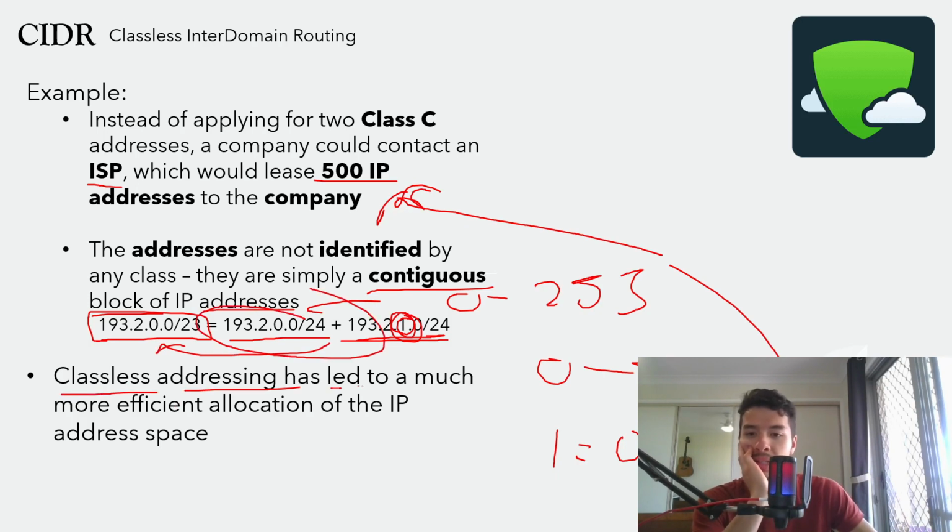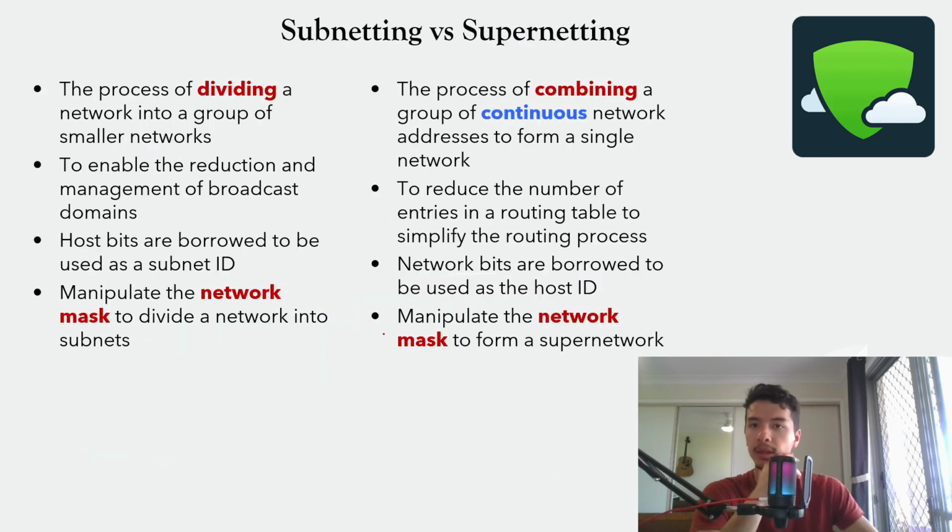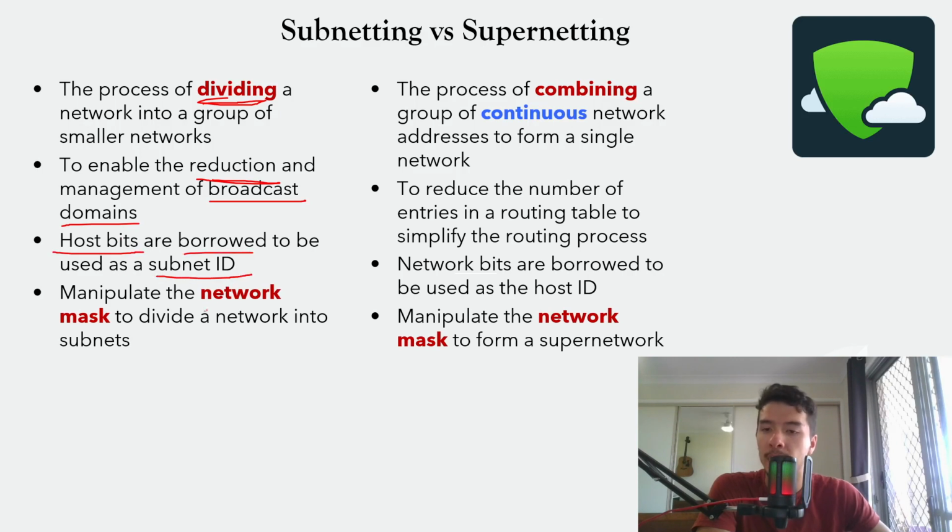So classless addressing has led to much more efficient allocation of IP addresses in the address space. Now, subnetting versus supernetting. Subnetting is the process of dividing a network into groups of smaller networks, to enable reduction and management of broadcast domains. Host bits are borrowed to be used as subnet bits. Manipulate the subnet mask to divide a network into subnets.